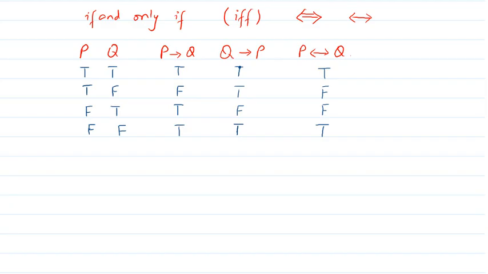In case of implication, when you were saying if P then Q, it was a different scenario. Similarly, if you say Q implies P, that is if Q then P, it is also a different scenario. And while you are going for P if and only if Q, the only condition for being true is that both P implies Q and Q implies P should be true. If any one of them is false, the output is false.